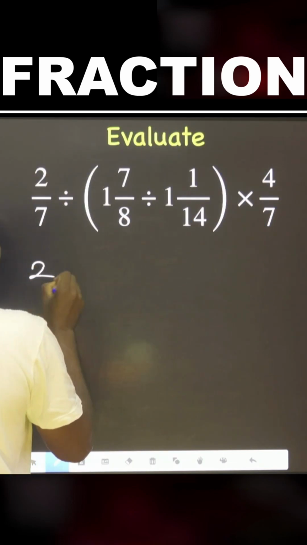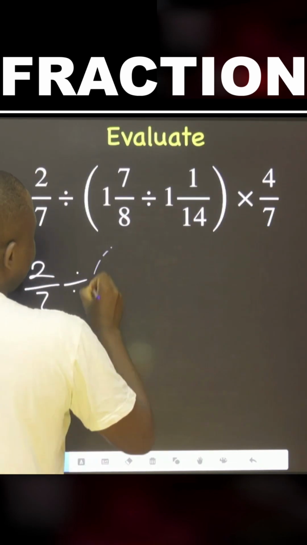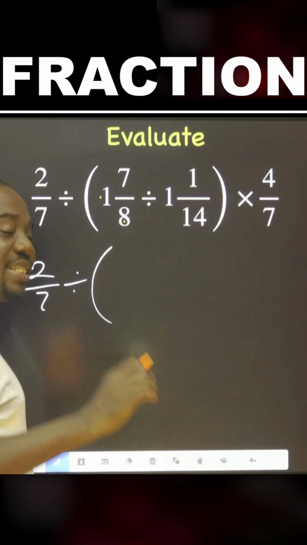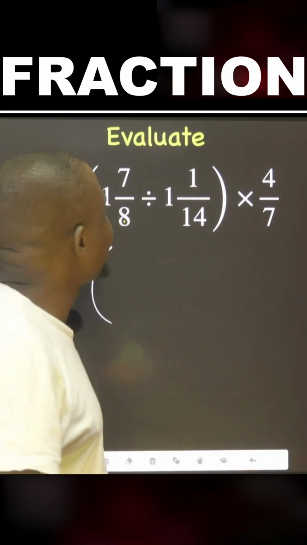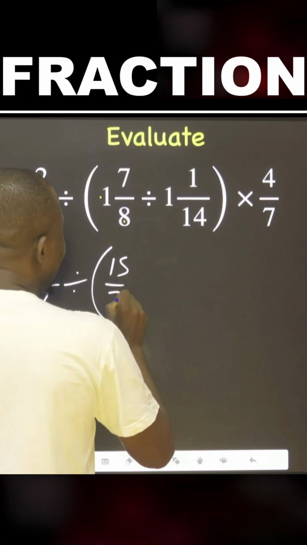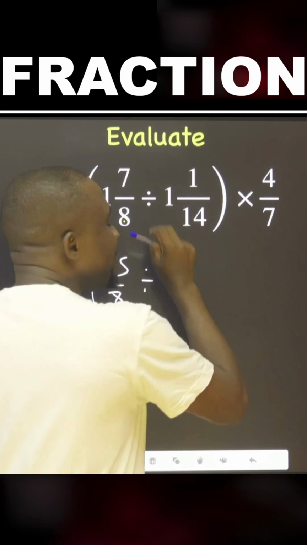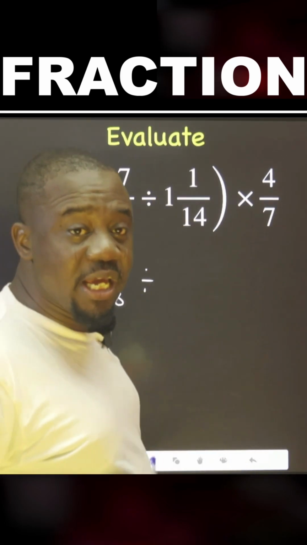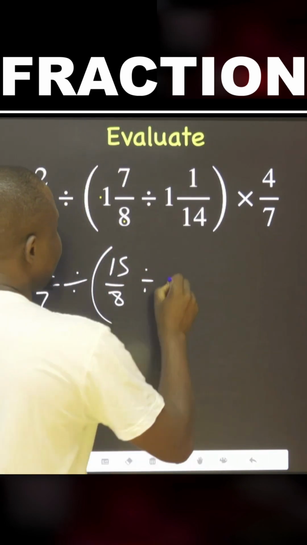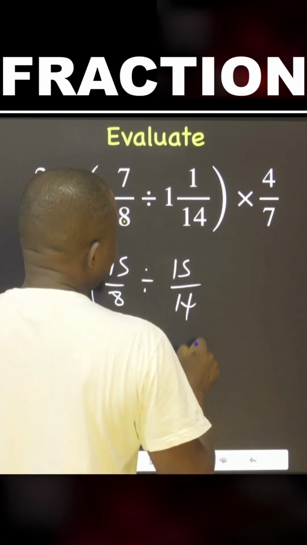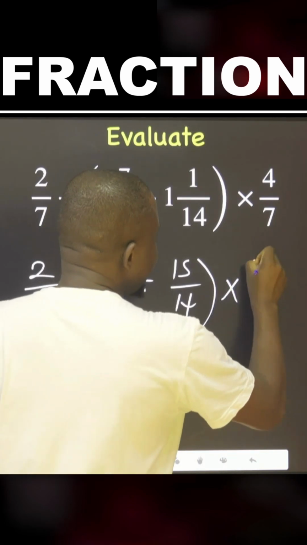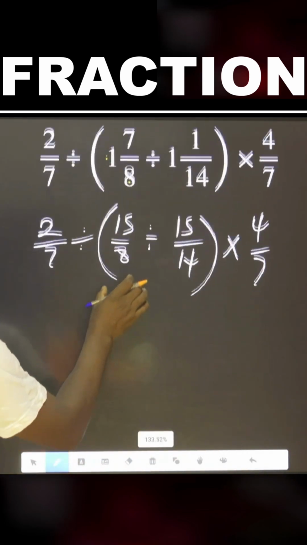We put everything here. Inside the bracket, this multiplied by this is 8. 8 plus 7 is 15. 15 over 8 divided by 14 multiplied by 1 is 14 plus 1 is 15. 15 over 14. We put this down again.